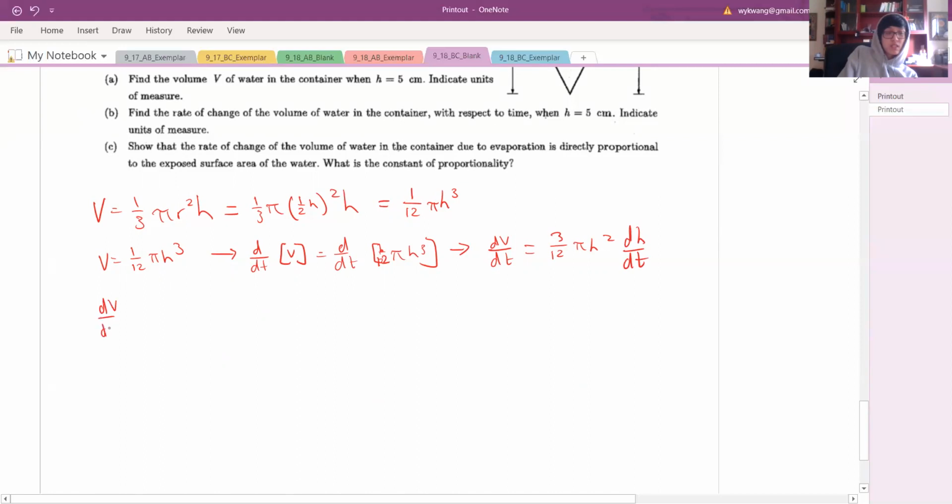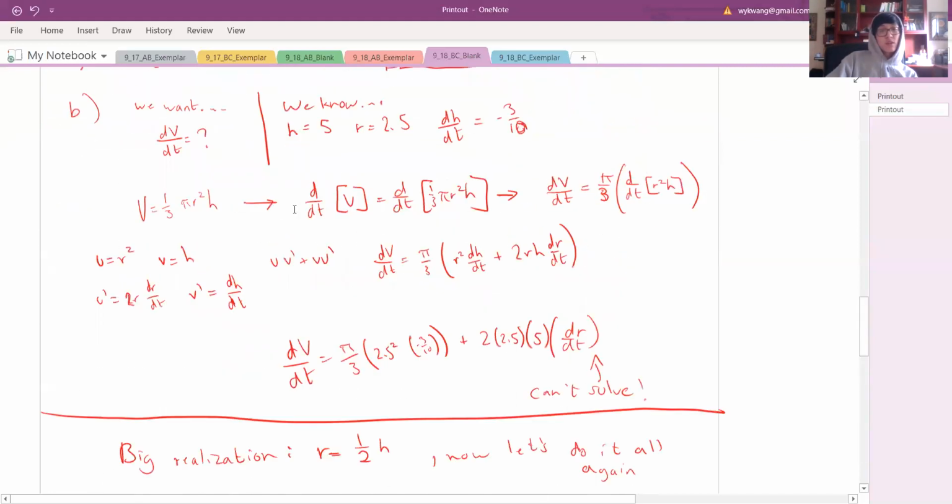The answer is dV over dt is equal to 1/4, because it's still 3 over 12, it's 1/4 pi h squared dh over dt. Well, that's still pretty chill, because we're given h from earlier.